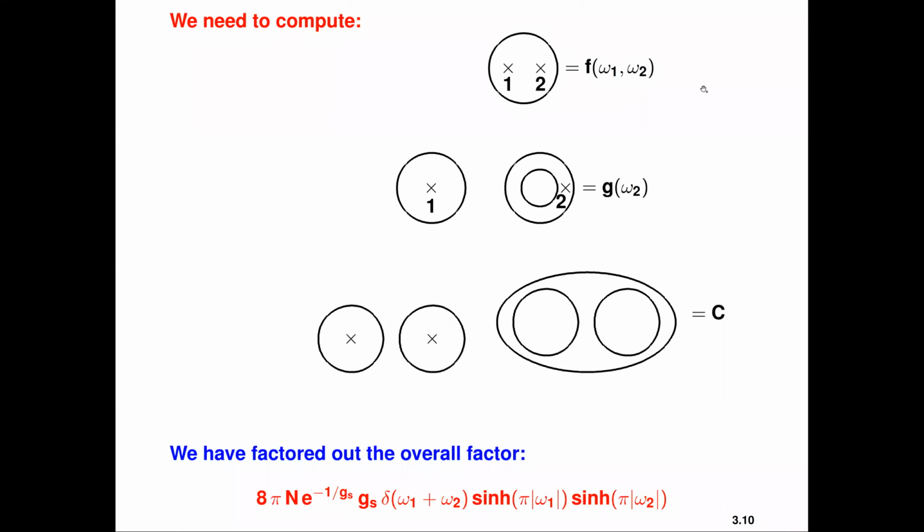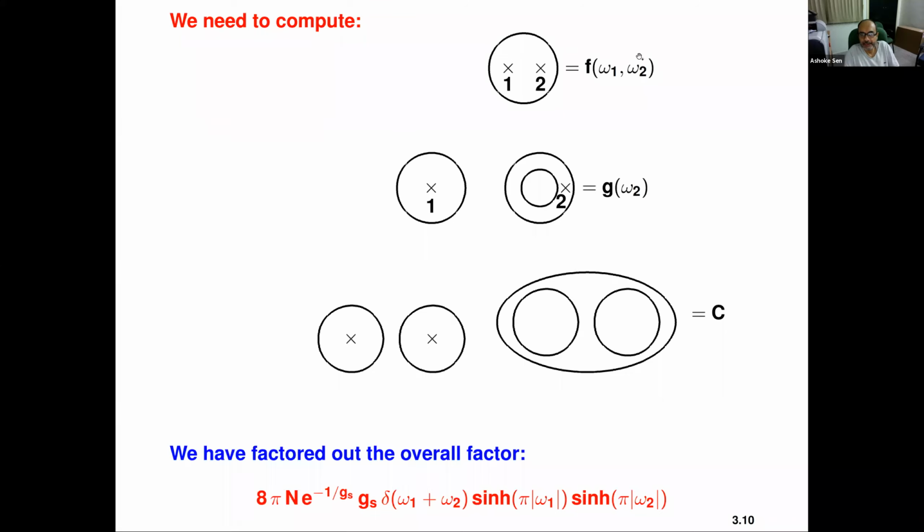The eventual energy conserving delta function has delta of omega 1 plus omega 2. But f can be defined for arbitrary omega 1, omega 2 without imposing the delta function constraint, because this amplitude by itself doesn't require that omega 1 plus omega 2 is 0. As we discussed, the D-instanton contribution actually breaks translation invariance. This comes only at the end after integration over the zero modes.